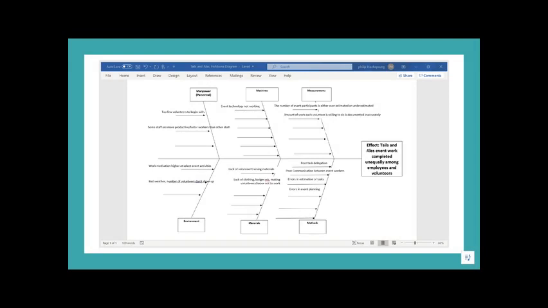Moving on to the example, how I'm applying the fishbone diagram, the cause and effect diagram, to my pet event, the pet event being Tails and Ales.